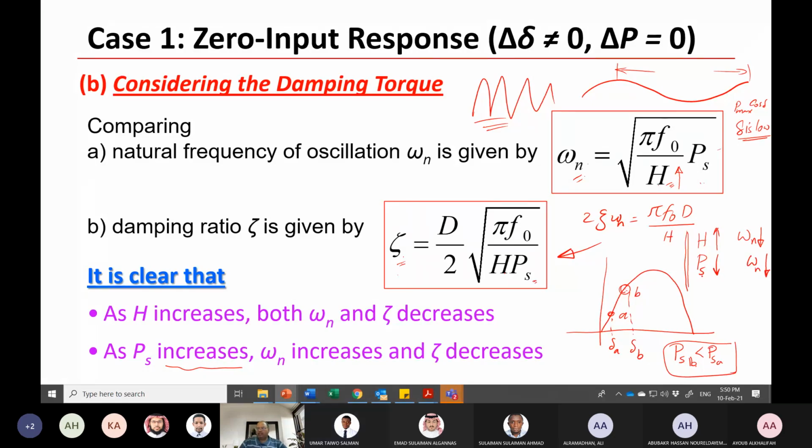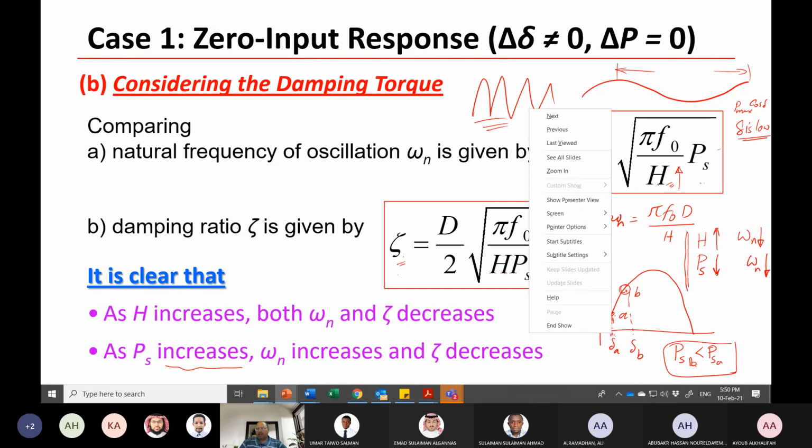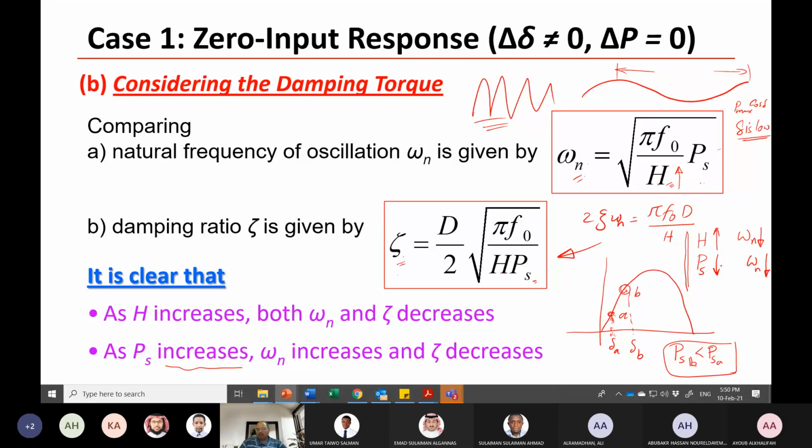BS decreases means BS at point B is lower than BS at point A. And loading here, if BS decreases, that means the machine is heavily loaded, so delta is increasing here.